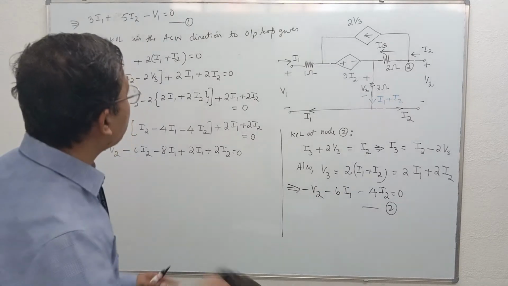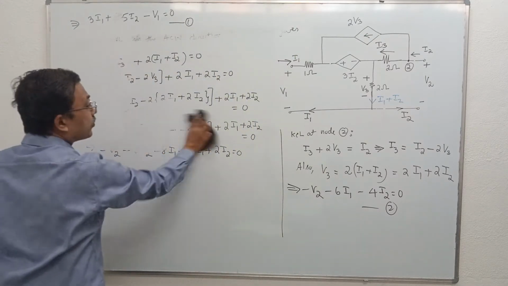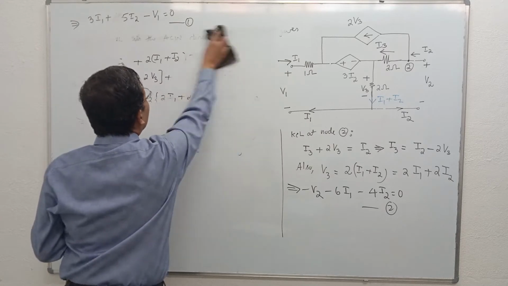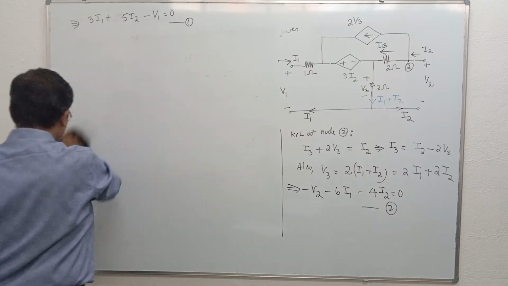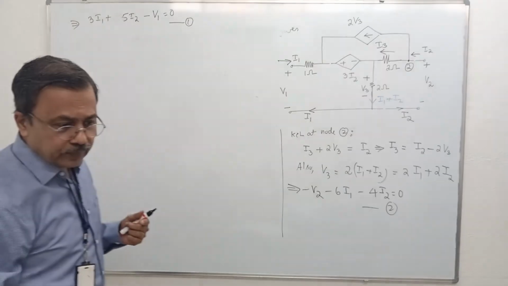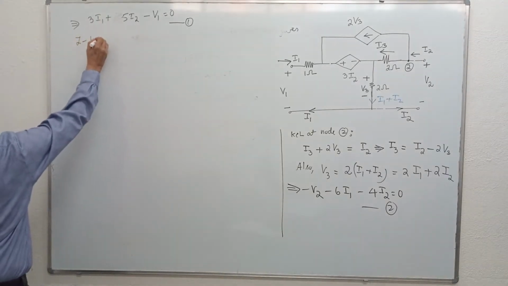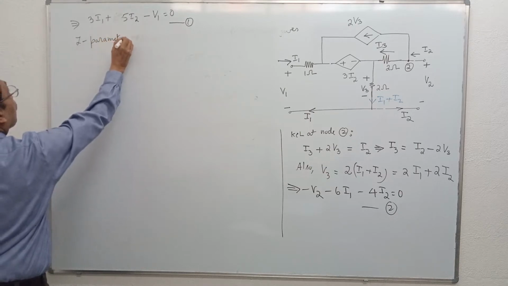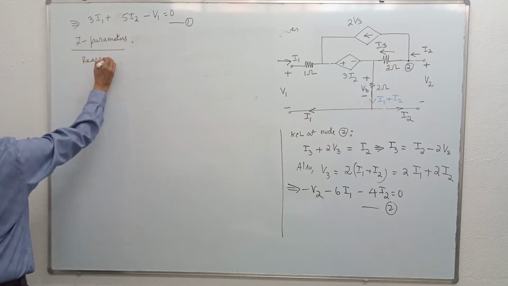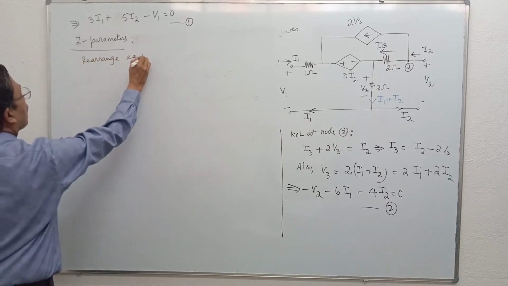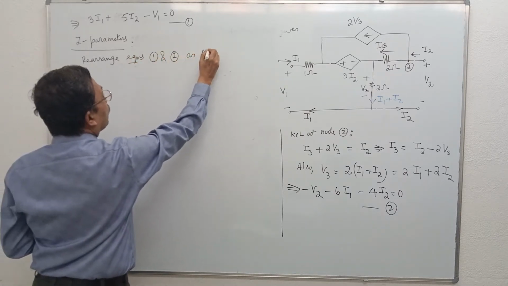Next step is to find Z parameters. To find Z parameters, rearrange equations 1 and 2 as follows.